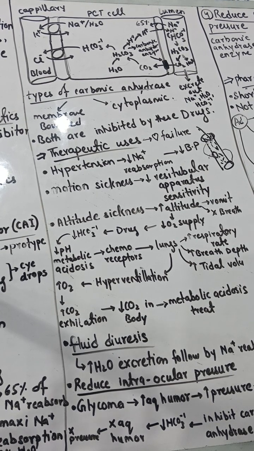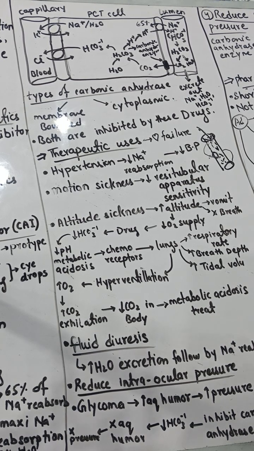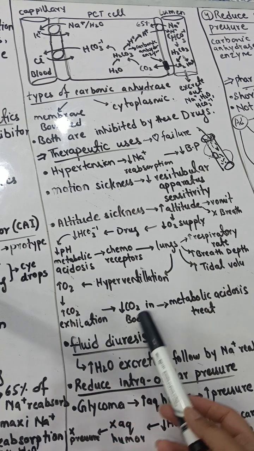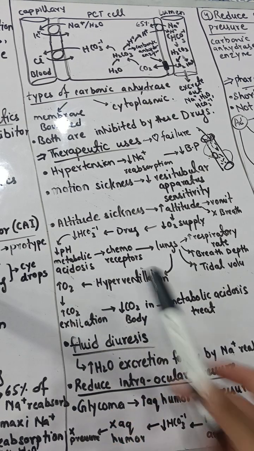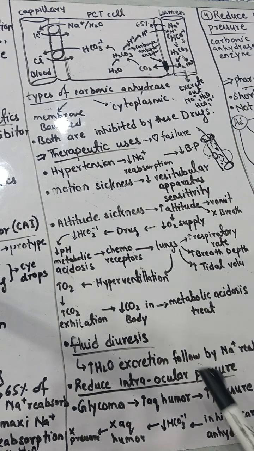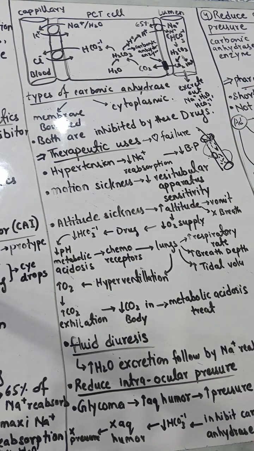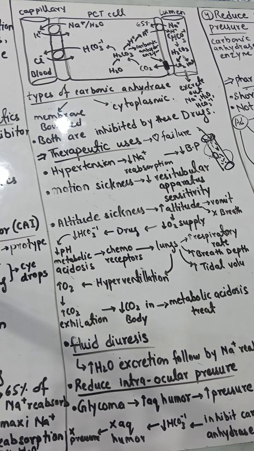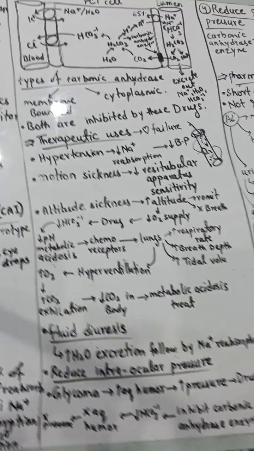If we increase the inhalation, we also increase the exhalation. We have released a lot of carbon dioxide outside, so more and more carbon dioxide is released through your body. As a result, the carbon dioxide present here decreases. It is also used to treat metabolic acidosis, and as a result, metabolic acidosis is also treated.